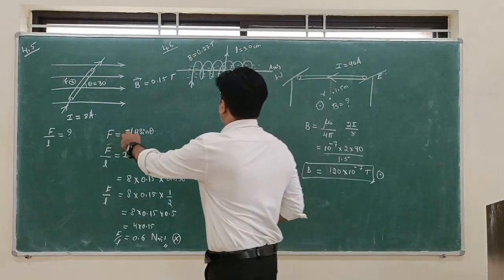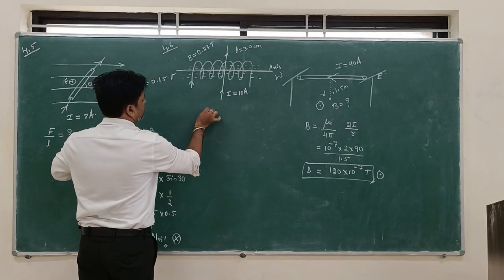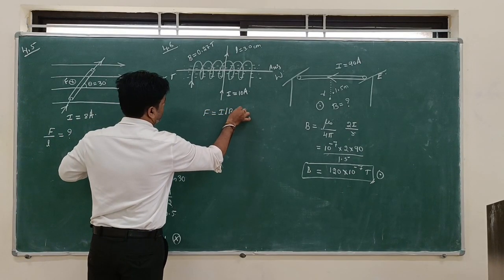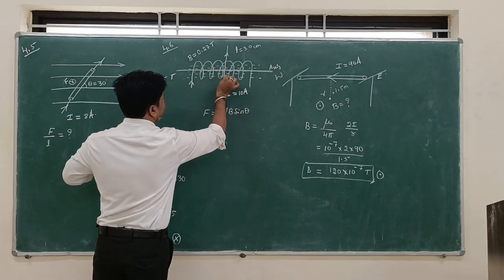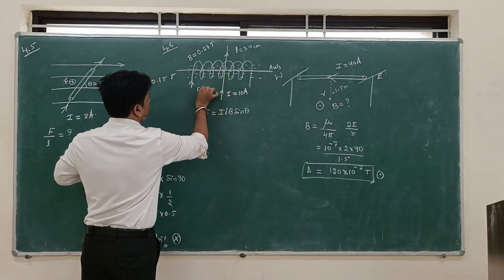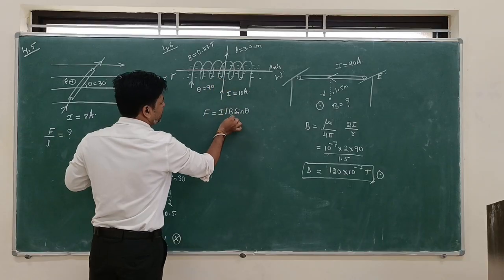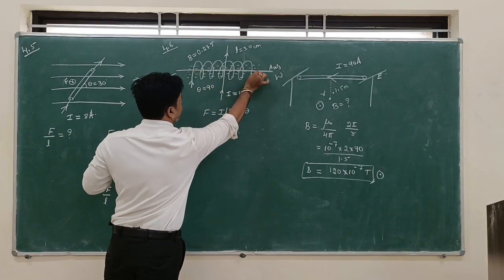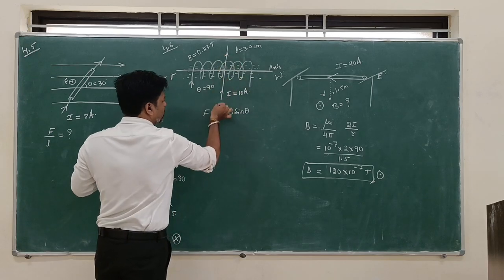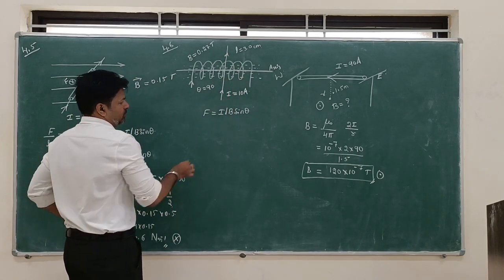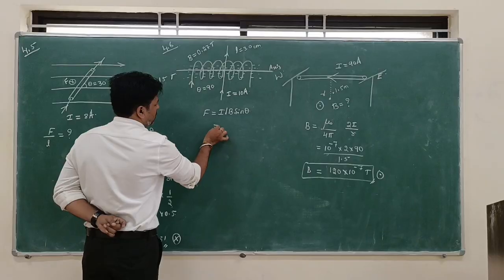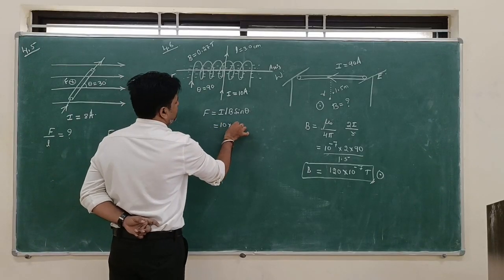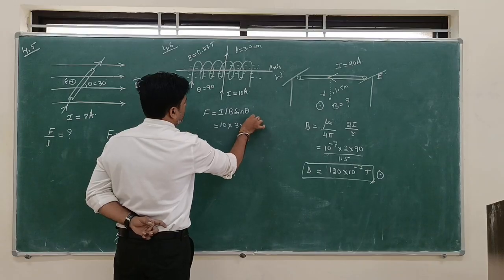The expression is F is equal to I L B sin theta. Here in this case the theta is 90 degree, that is the angle between length and magnetic field. Magnetic field is like this, length is like this, so the angle between them is 90 degree. Therefore the value of I is 10, the length is 3 centimeter, 3 into 10 to the power minus 2.